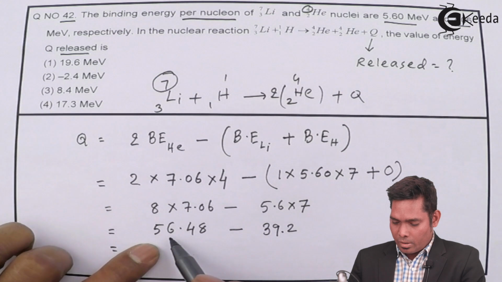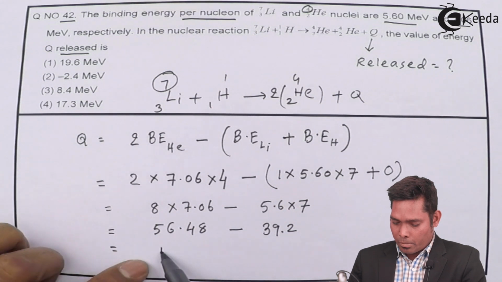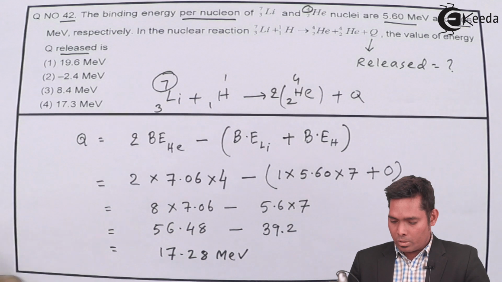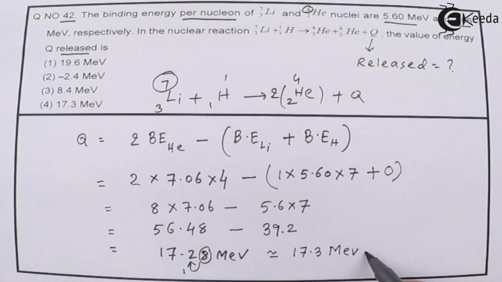From 0.48, 0.2 will go, 0.28 will remain. So it is 17.28 mega electron volt. If I see the options, this can be written approximately as 17.3. Round off this number, it increases by 1, 17.3 mega electron volt.